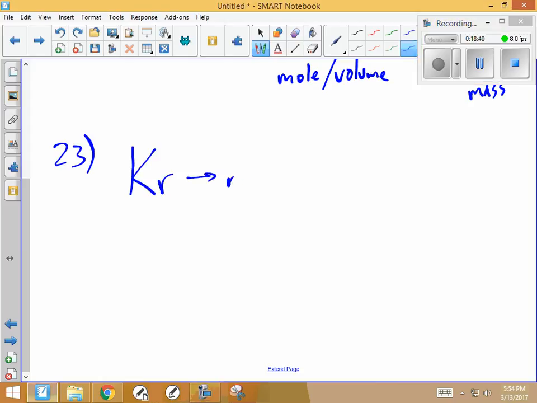What is the molar mass of krypton? I'll tell you what I want: molar mass. They want me to find grams per liter. You recognize what that is? That is my mass over volume. That's my density right there. And that's what I'm trying to solve for.